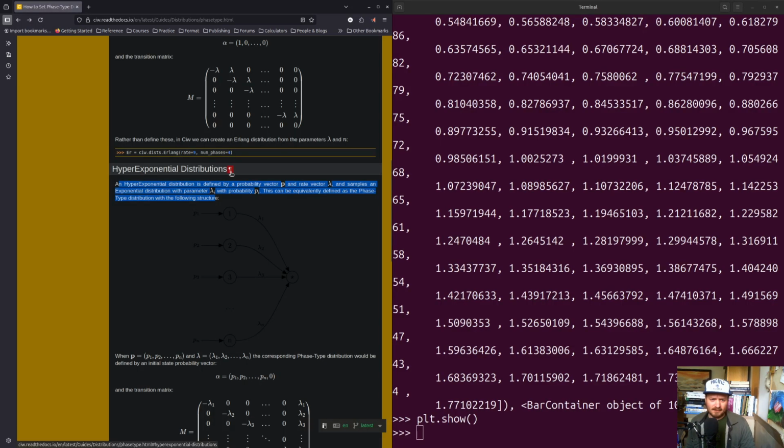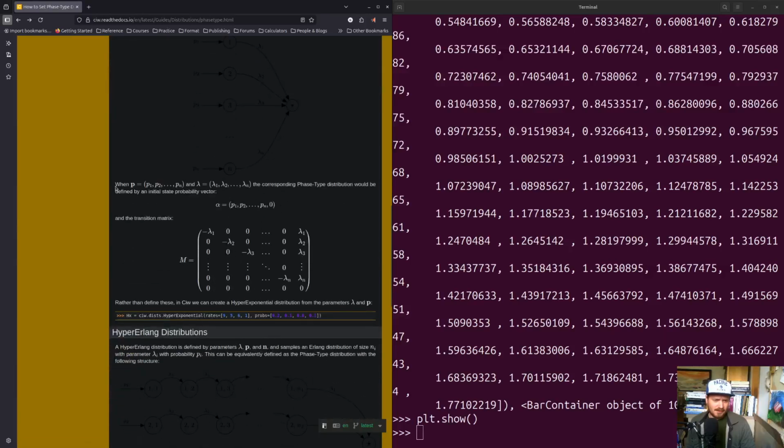Okay, hopefully that's clarifying. So when we've got this vector p, which is p1 through pn, and lambda, which is lambda 1 through lambda n, the corresponding phase type distribution would be defined by an initial state probability vector of alpha with p1 through pn and 0 for the absorption state. And the transition matrix is encoded differently than what we saw in the last one, right?